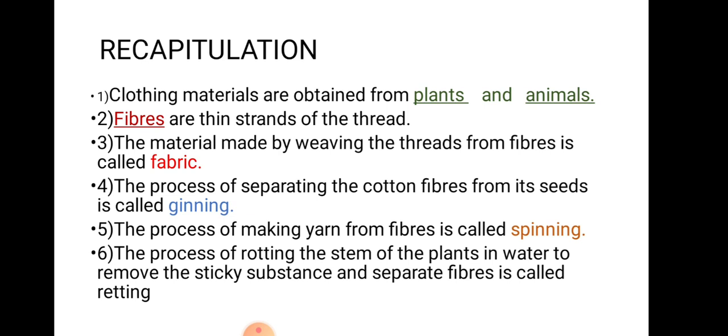The process of making yarn from fibers is called spinning. The process of rotting the stem of the plants in water to remove the sticky substance and separate fibers is called retting. So these are mostly the defined terms.